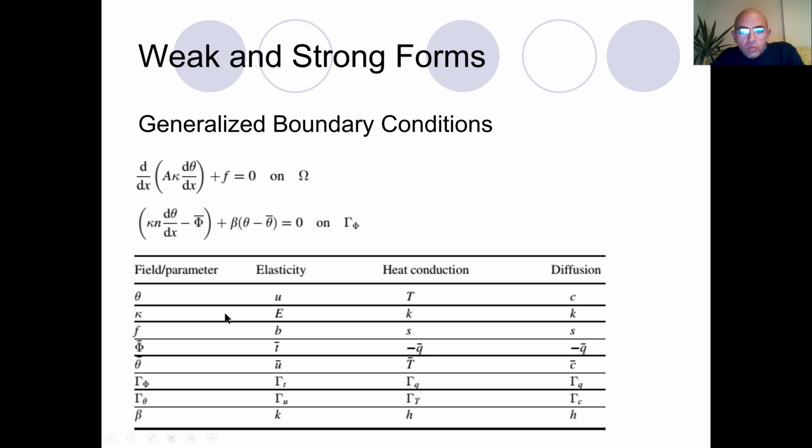So furthermore, here we have a new constant, beta. Now this beta is used for generalizing the boundaries, and it's a penalty parameter. So basically we penalize the boundary condition.